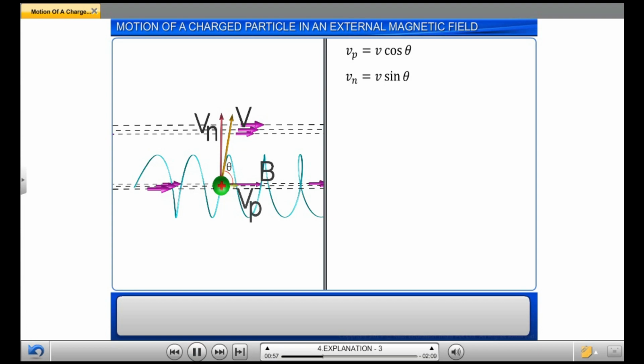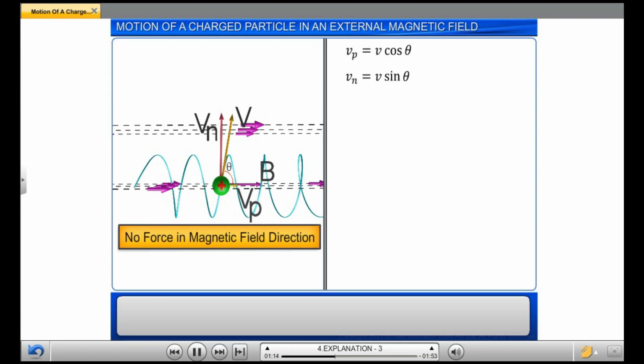The component of velocity, Vp, along the magnetic field remains the same because the angle between the parallel component of velocity and the direction of the magnetic field is zero, and hence there is no force acting along the magnetic field.